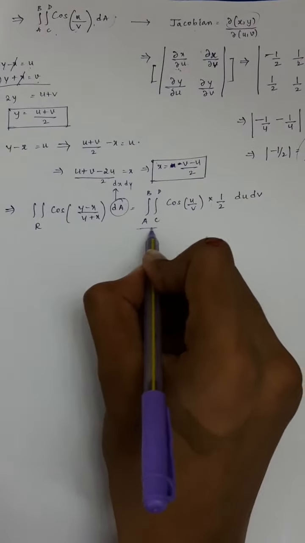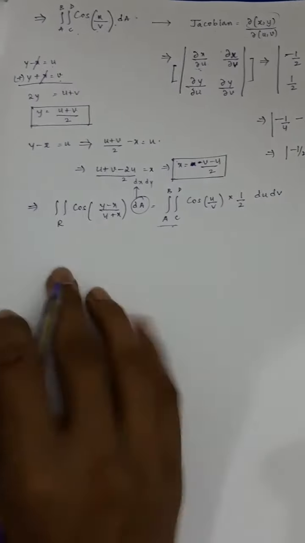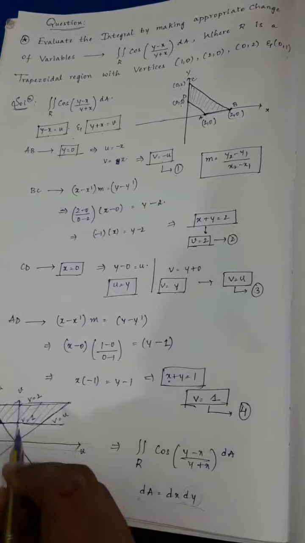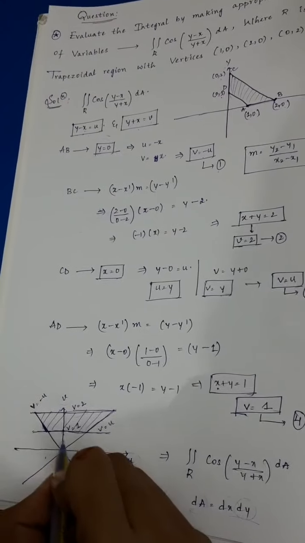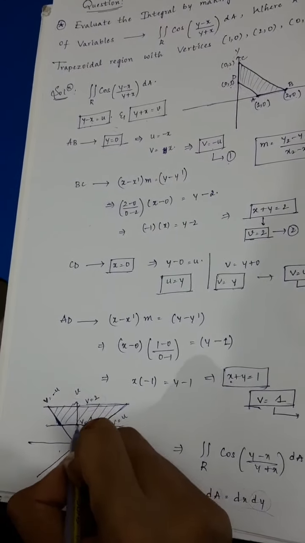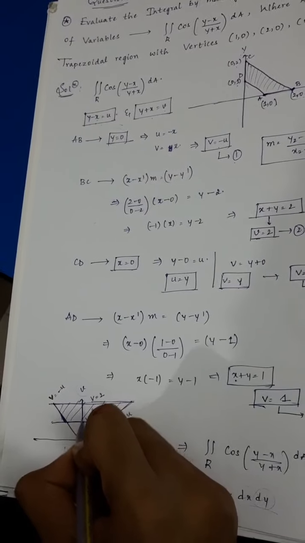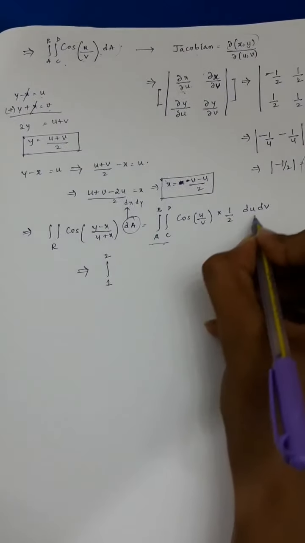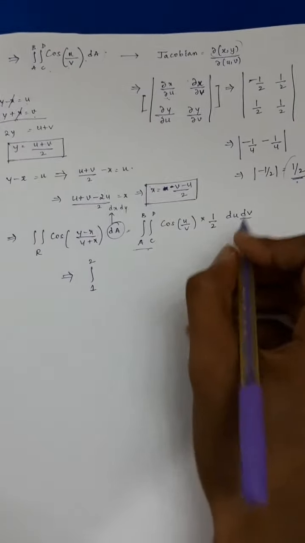So in order to find these limits, since we have the graph, we can say that v would be ranging from 1 to 2. It's increasing from 1 to 2. So the limits would be 1 to 2, since v is the outer limit.